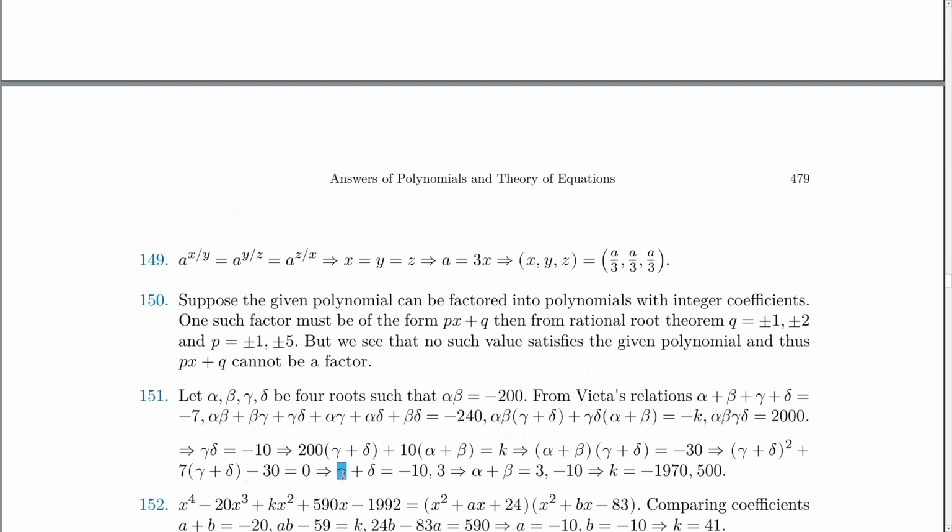So it gives us gamma plus delta is equal to 3 or minus 10. Once we have gamma plus delta, we have alpha plus beta, that is minus 10 or 3, so alpha plus beta will become minus 10 or 3 from this relationship. All right. Once we have that, we have k, which would be either minus 1970 or 500. We substitute both the values in this and we get the value of k.